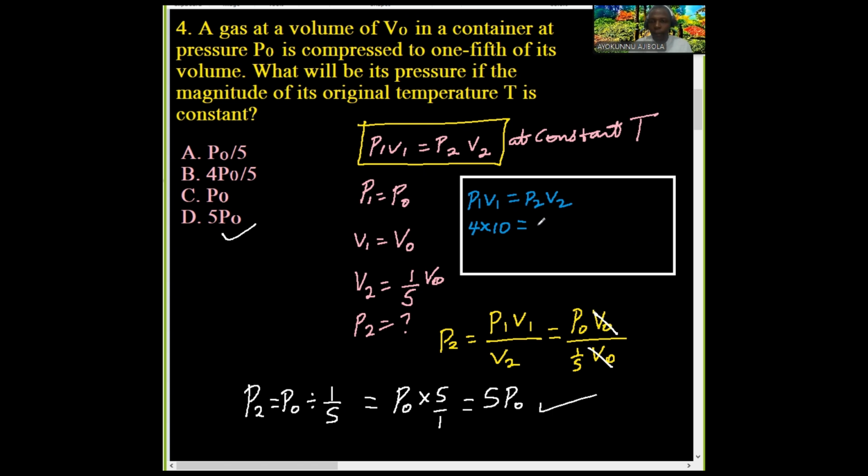Then I reduce the pressure to 2. What should be the volume? If this is 4 times 10, 4 times 10 will be 40, yes or no? Yes. 2 times what will give me 40?